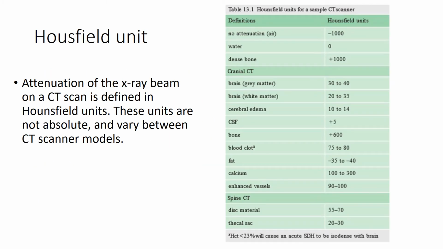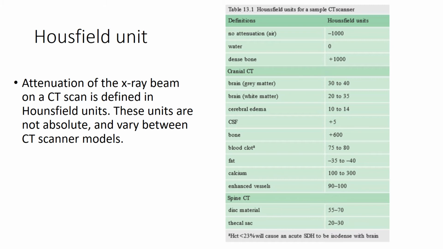Now, Hounsfield unit. What's Hounsfield unit? Hounsfield unit is the measurement of how much X-rays can pass through an organ. Imagine the CT scan as multiple X-ray machines that radiate X-rays through the body.